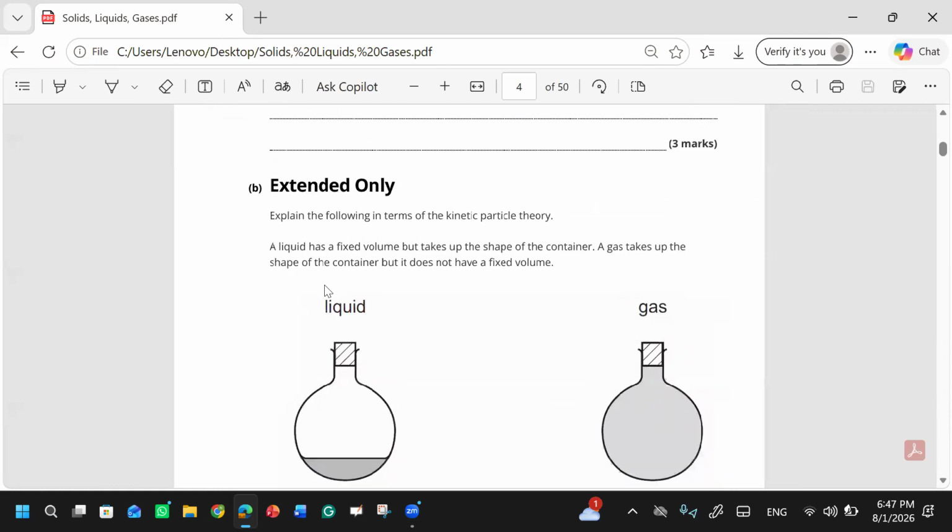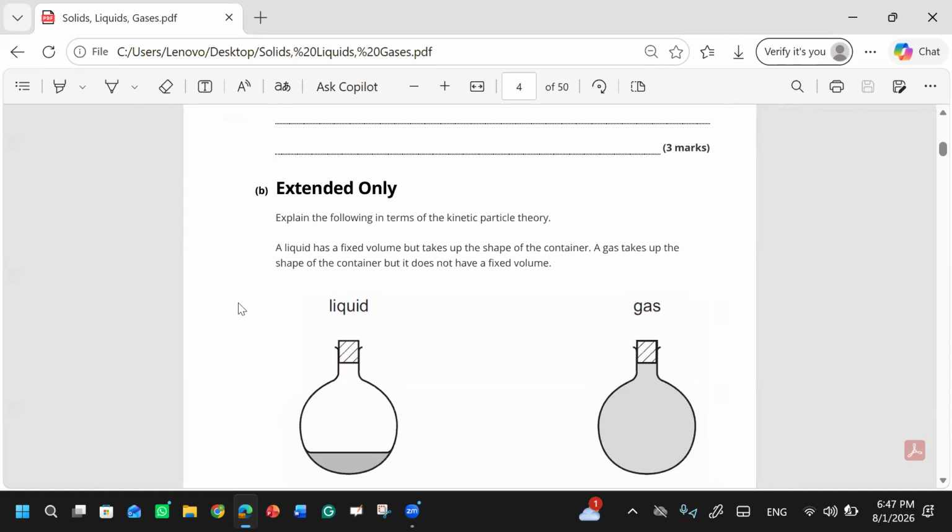Explain the following in terms of kinetic particle theory. A liquid has a fixed volume but takes up the shape of the container. A gas takes up the shape of the container but does not have a fixed volume. First, talk about liquids. Liquid particles are close together, so it has a fixed volume.